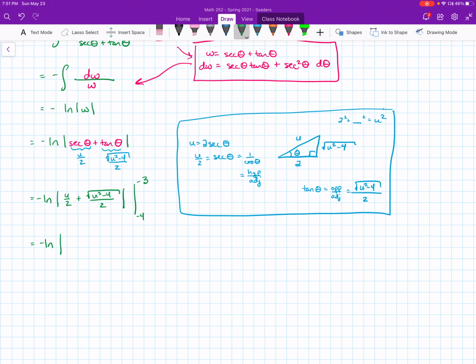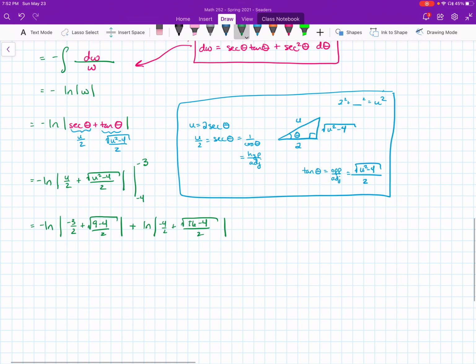So my upper bound is -3, so it'll be -3 halves plus the square root of 9 minus 4 over 2. I'll subtract the negative natural log, and now I'll plug in -4, so -4 over 2 plus the square root of 16 minus 4 over 2.